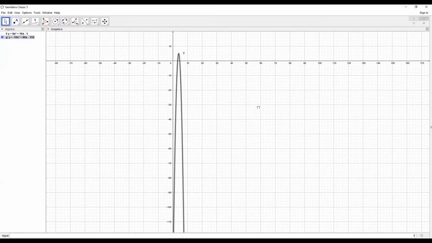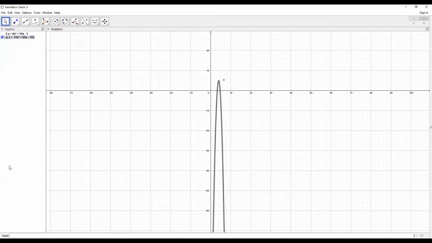But what I'd rather do is show a comparison by putting in, suppose we had, what was it again? y equals negative 10 times, in parentheses, x minus 4 and square it, and that plus 5.